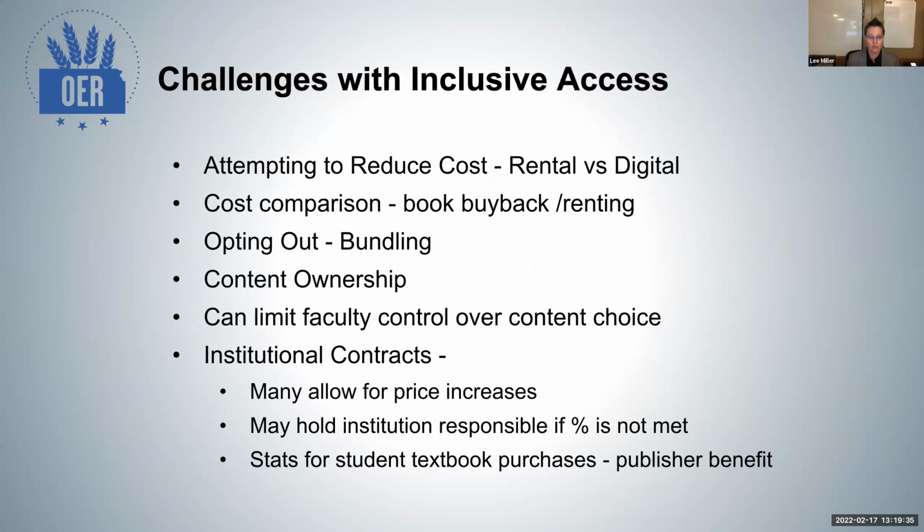And so as we move on, here are some of the challenges we look at when we consider the model and how it integrates in comparison to what we're trying to do with OER. The first one is attempting to reduce costs. I would say in some cases, publishers may be trying to reduce costs compared to print textbooks. When we look at digital versus rental, those are usually comparable among publishers.